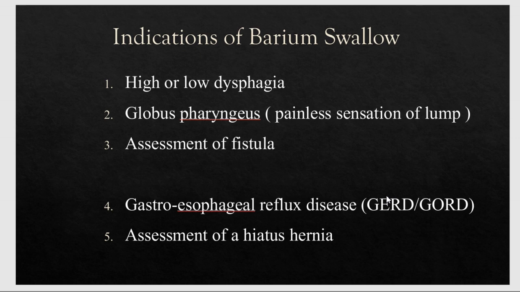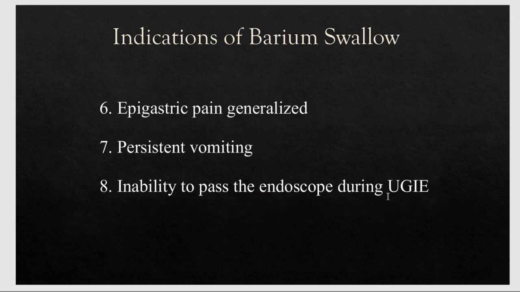And whenever we want to assess a case of hiatal hernia, during the assessment of a hiatus hernia, this barium swallow is indicated. If the patient is presenting with generalized epigastric pain and the rest of the things are almost normal, the ultrasound is not suggestive of anything, the patient may be having some functional aspect or may be having some early stage disease.